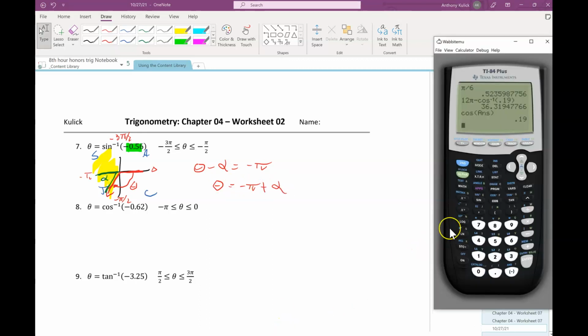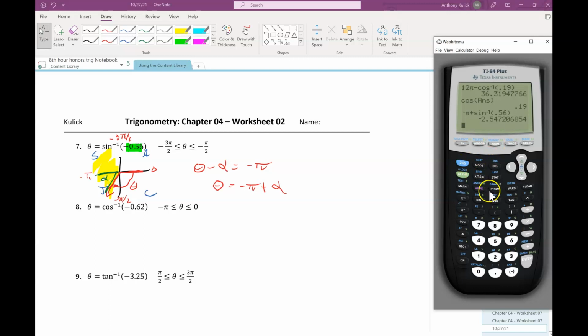And then we just type it in. Remember when we do this, though, that when we do our sine inverse, I have to remember to make this number positive. So that's negative 254, really 255.